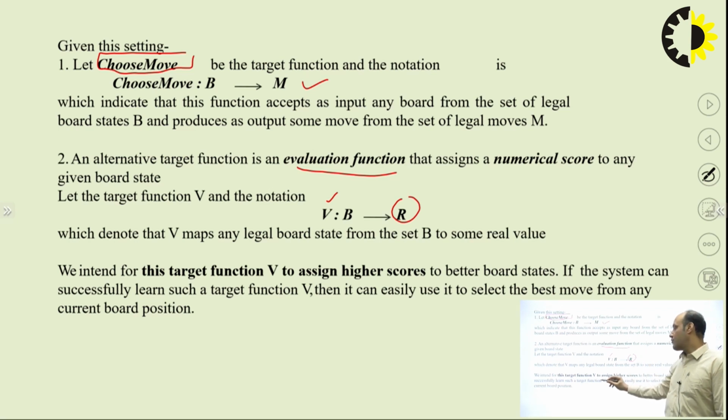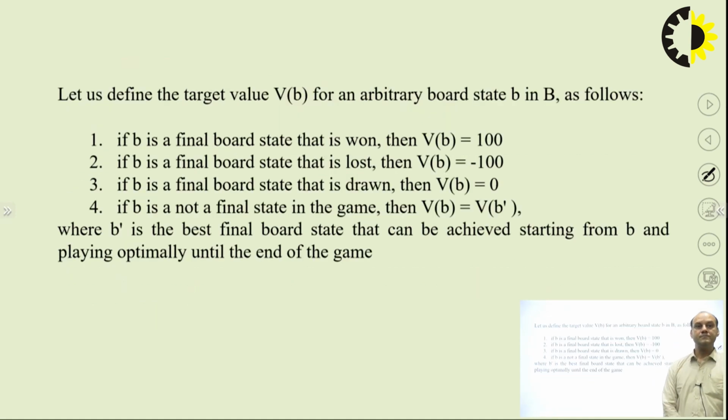Our intent is that this target function V will assign a higher score to better board states. If this target function has a higher score, we will know that the board state is better. So we define the target value V(b) for an arbitrary board state b.